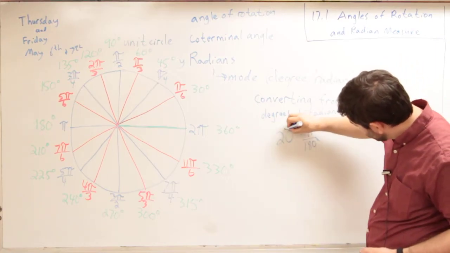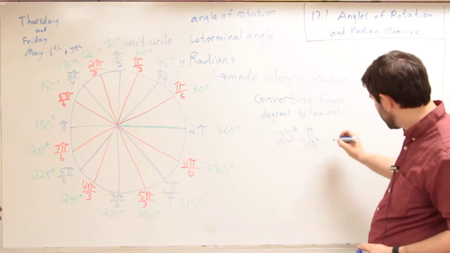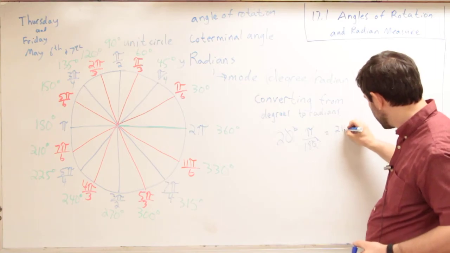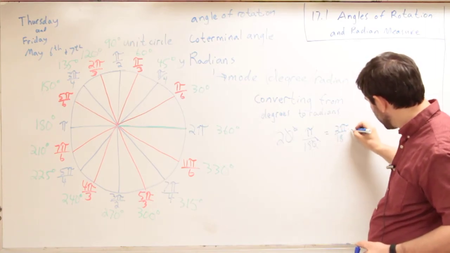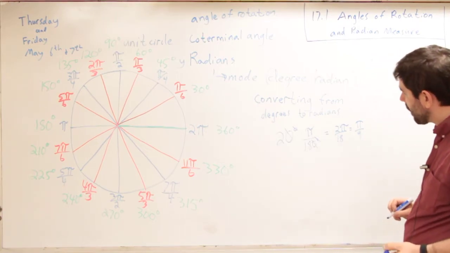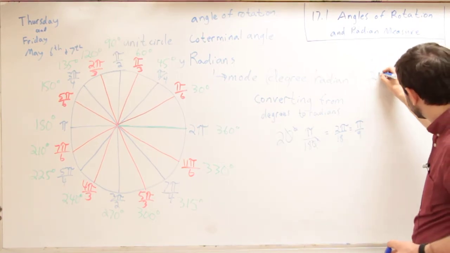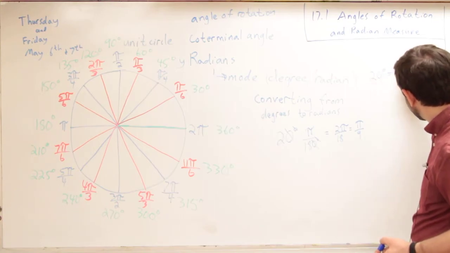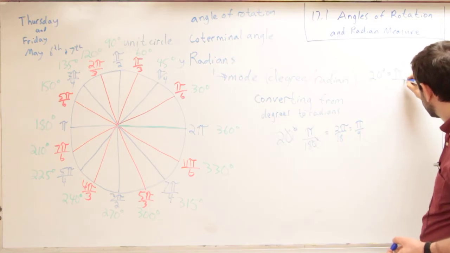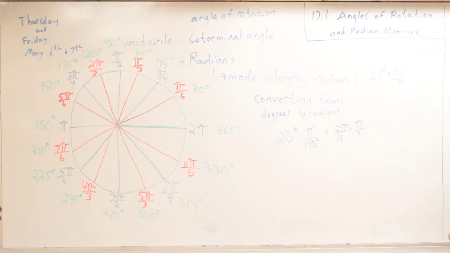And our zeros will divide out. And this 20 degrees looks like will be 2 pi over 18, and this is pi over 9. Okay, so 20 degrees equals pi over 9.